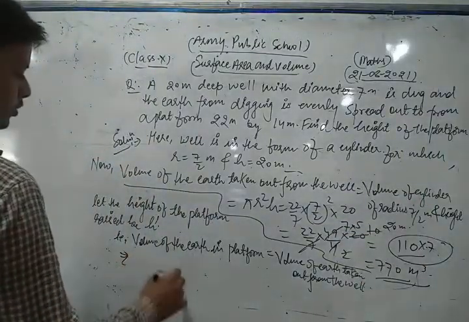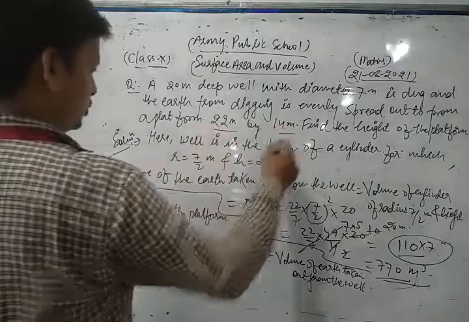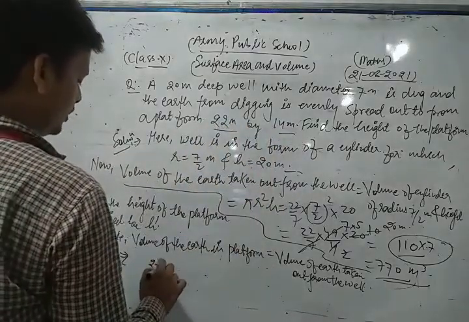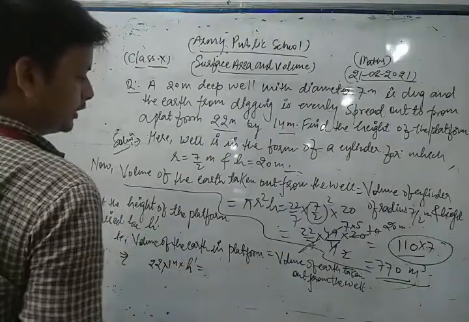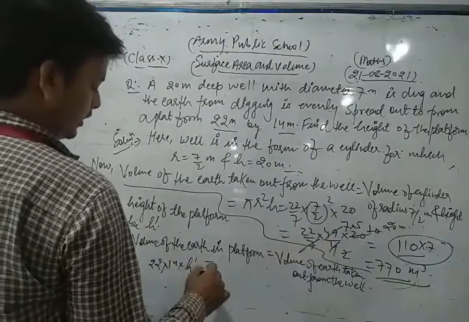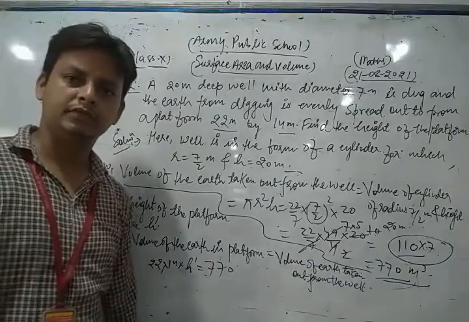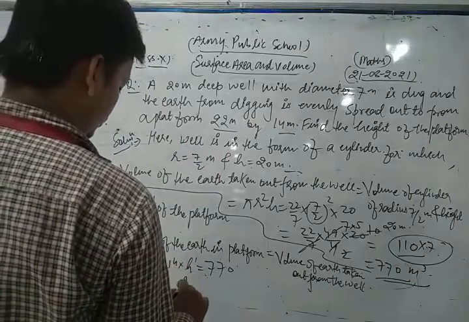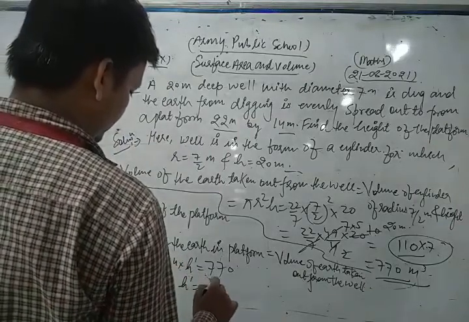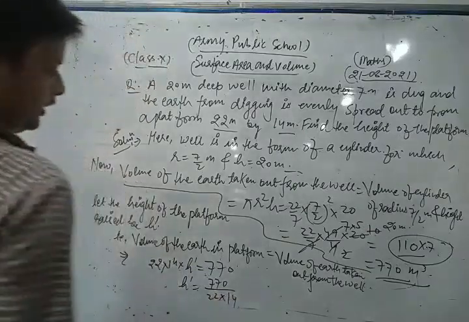So the volume of earth in the platform is 22 into 14 into h dash, which is equal to the volume of the earth taken out from the well, 770, which we found. So h dash is equal to 770 upon 22 into 14.